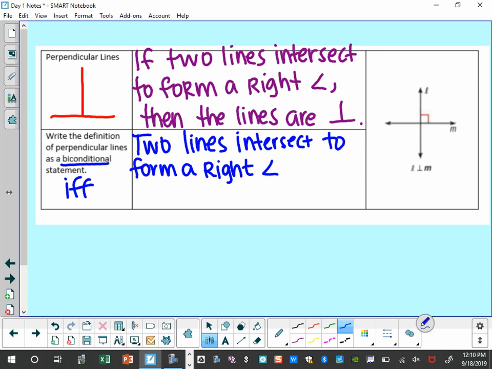So, two lines intersect to form a right angle, if and only if the lines are perpendicular. So that means I took the hypothesis, I took the conclusion, I combined the two with the phrase if and only if.